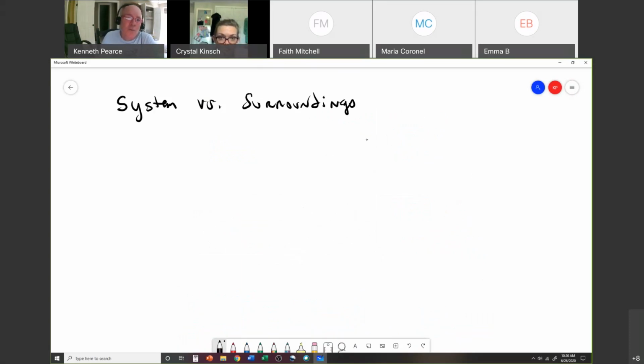The system is the part that we're interested in, and this is usually the chemical reaction. But we have to be very careful about what we say is the system versus surroundings.